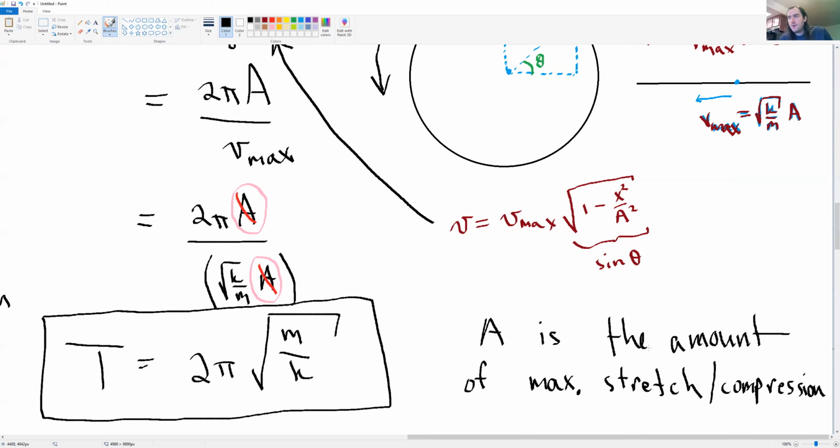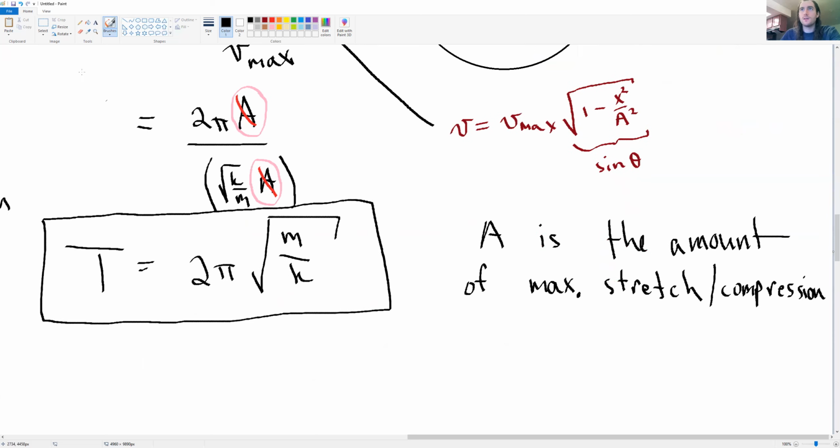The maximum amount of stretching and compression does not show up in our final answer for the period of oscillation.